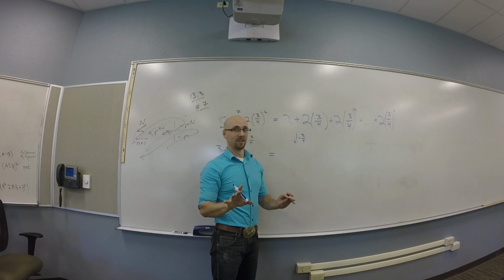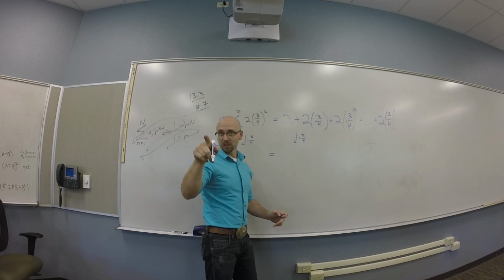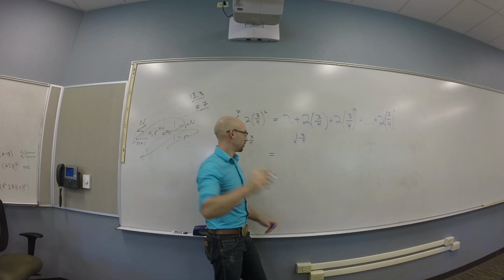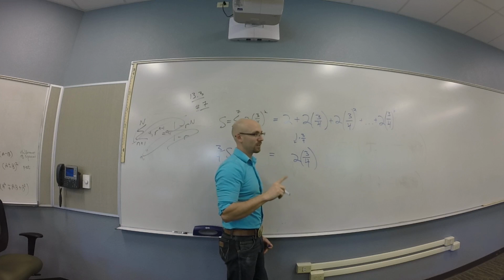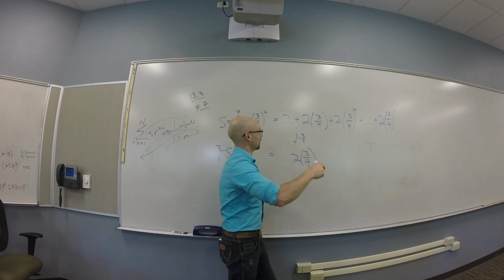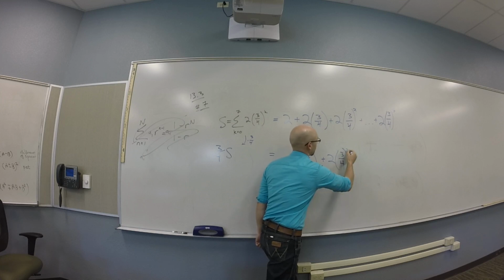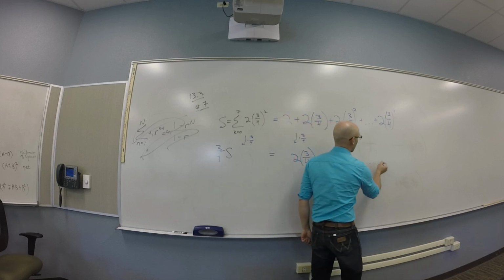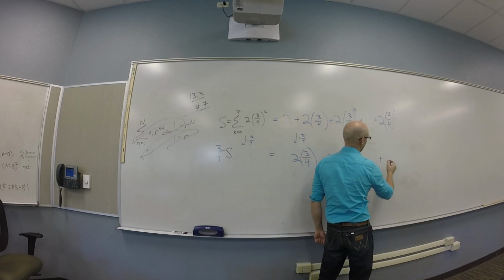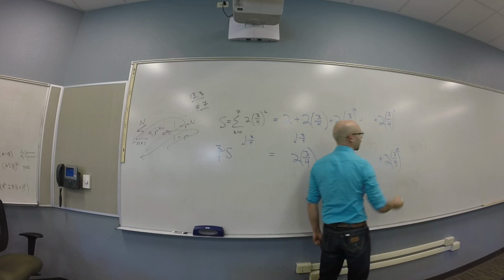That first term is 2 times 3/4. And then the next one is 2 times 3/4 squared. And then the next one is whatever it is. So keep going, and at the end you get to 2 times 3/4 to the 8th power.